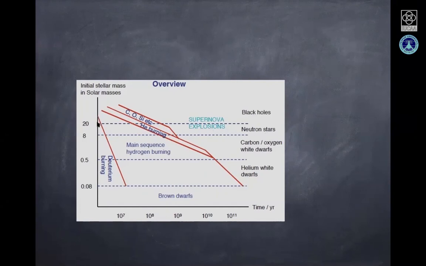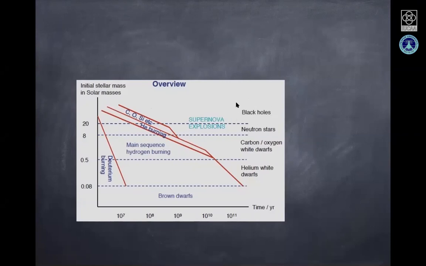If the initial star has a mass more than 20 solar masses, then it's believed that the core is going to be more than 3 solar masses. So the core cannot be a neutron star.